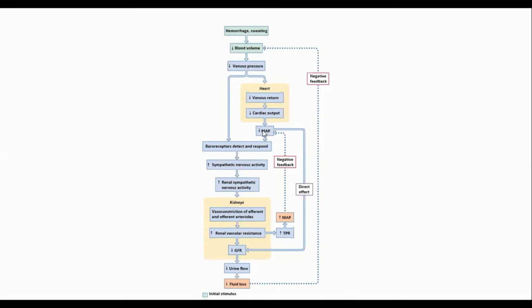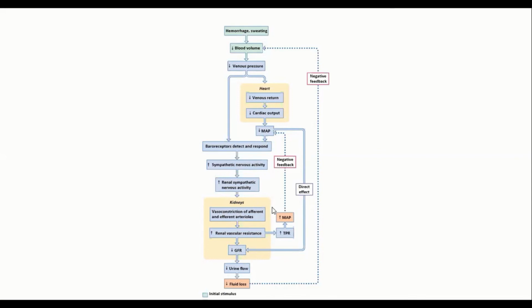So that low mean arterial pressure is also ultimately increasing sympathetic nervous activity and increasing vasoconstriction. But we also have the direct effect of that mean arterial pressure, decreasing the glomerular filtration rate because there's less blood flowing through the glomerulus.